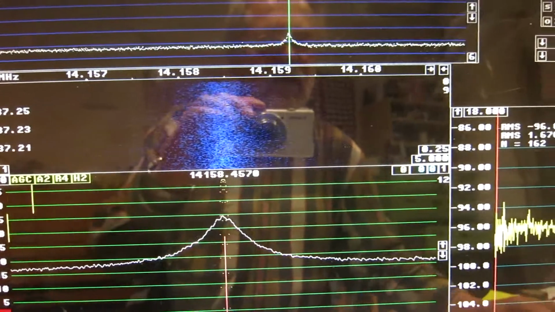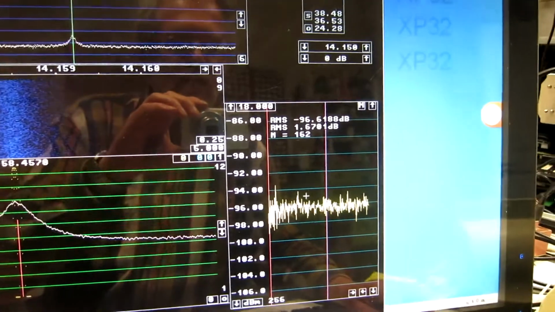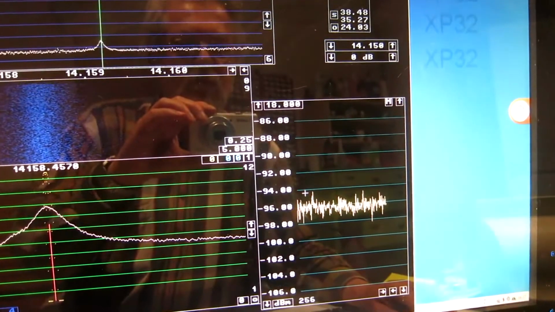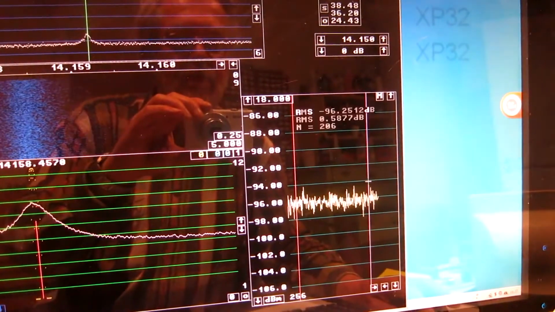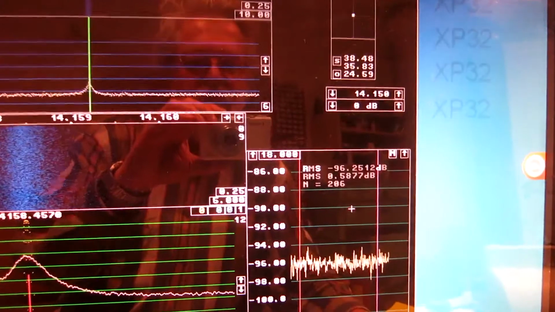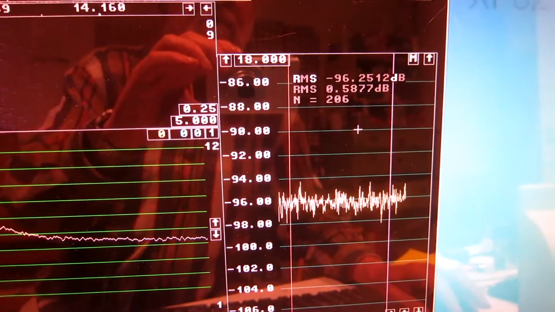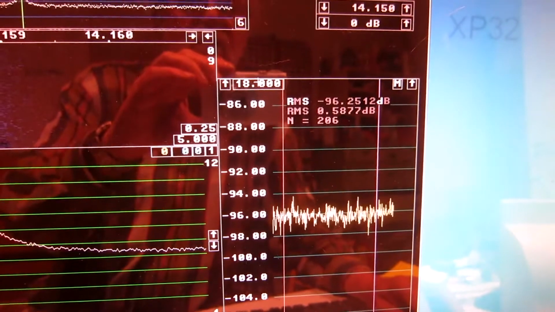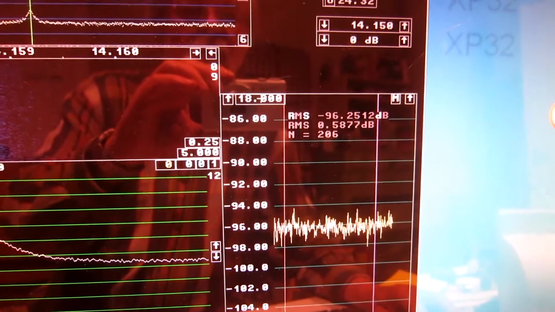I can read the noise floor here in the S-meter graph, like this. And I feed the value I get here. Sorry, I had already 18.